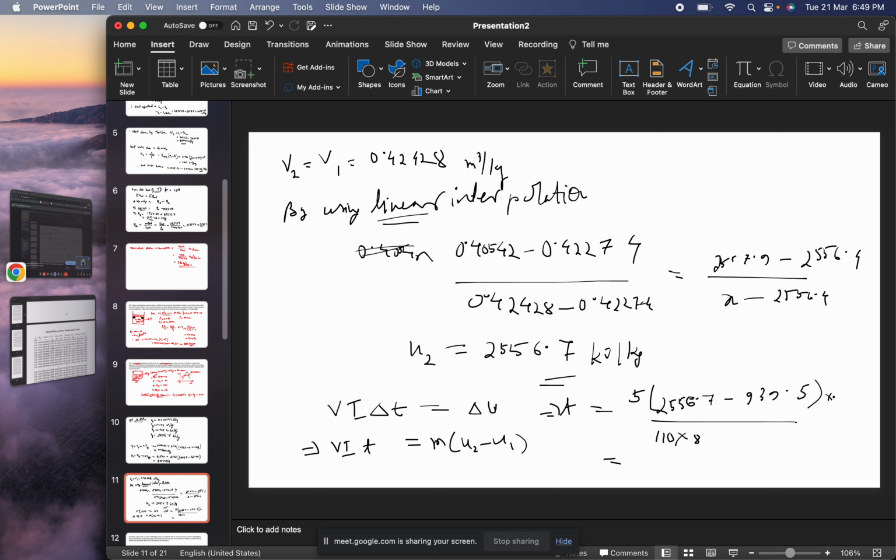So you have to convert this into joule, multiplying by 1000. So you'll basically get this one as 919188.6 seconds. If you convert this to minutes, this will be your 153.14 minutes.